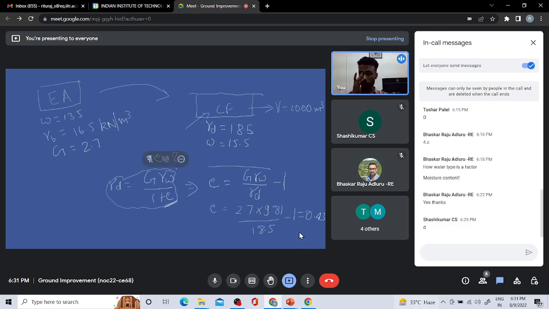Fine, you can check the calculation here if it's visible now. So it was basically depending upon this relation only. So we need to calculate the void ratio with the help of this relation.